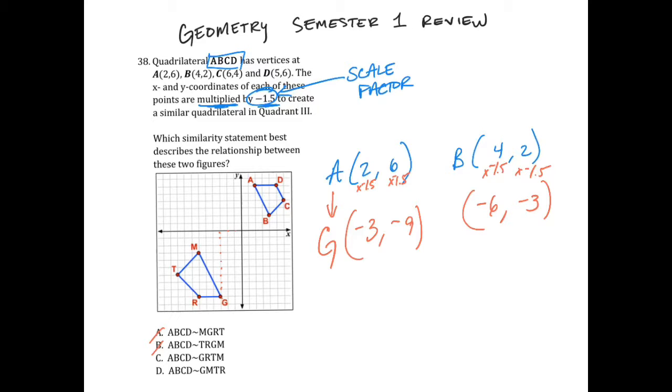So B is going to turn into whatever negative 6, negative 3 is. So negative 1, 2, 3, 4, 5, 6, negative 1, 2, 3. So B turned into M. So A turned into G, B turned into M. It looks like D is the best answer choice.